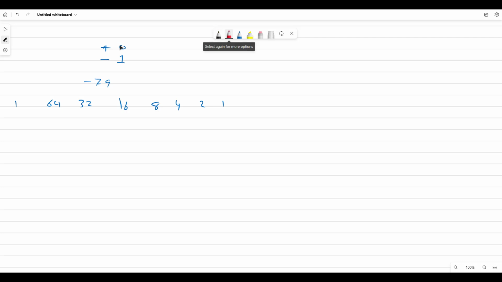We need to make a small change to the last heading: we make it negative. So if I want to represent negative 79, what should I do? I will just subtract this number from 128.